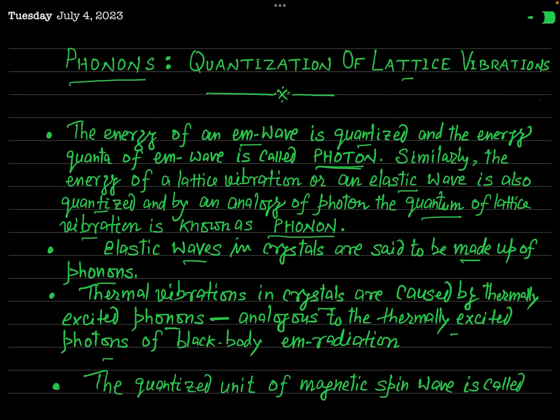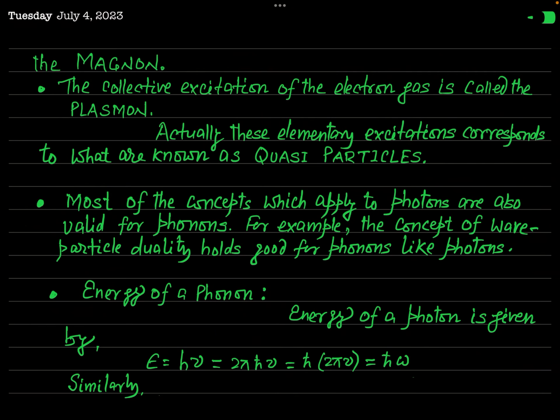Similarly, if you talk about sound waves, there are acoustical phonons. And excitations of the optical branch generate optical phonons. In the similar manner, when we discuss magnetic properties in our forthcoming lecture, you will see that the quantized unit of magnetic spin wave is called magnon.